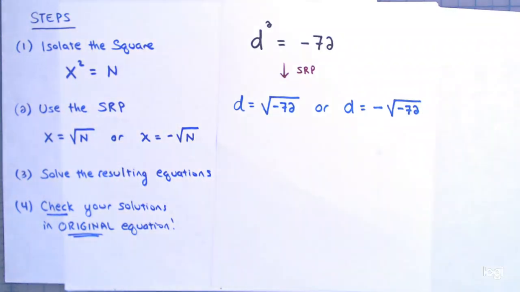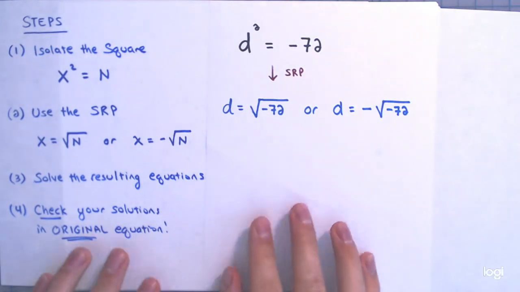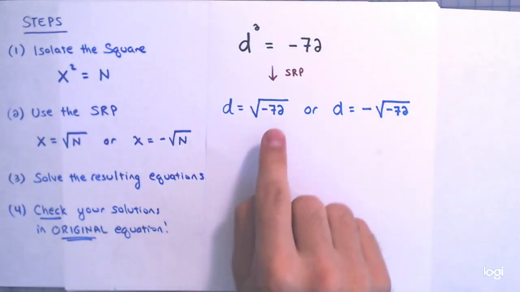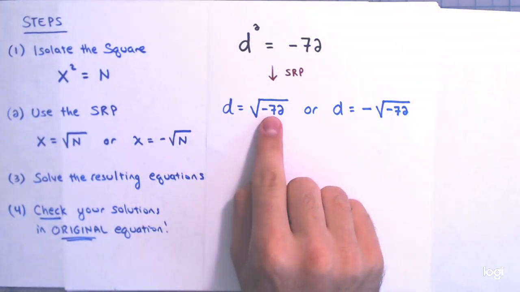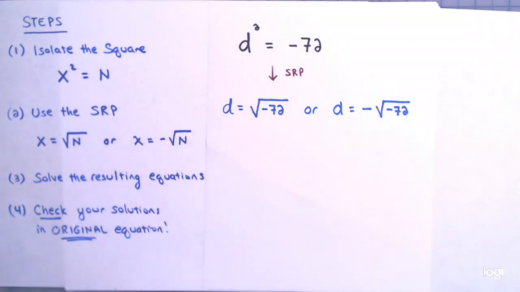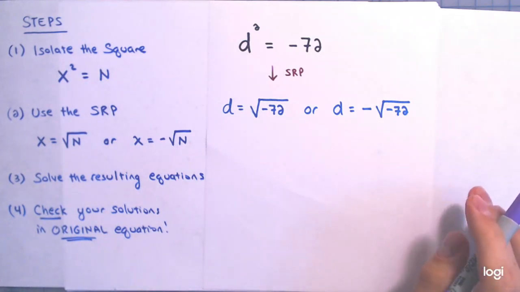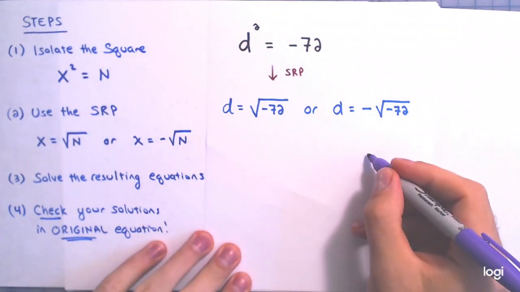Now don't forget, I've mentioned this in previous videos, whenever you see the square root of a negative number, like I'm seeing here, rewrite it. It involves that imaginary unit i, that square root of -1. So remember, off to the side here, the square root of -72.